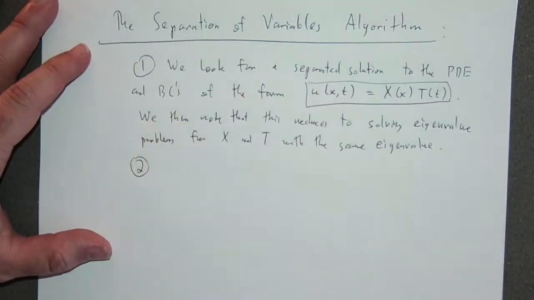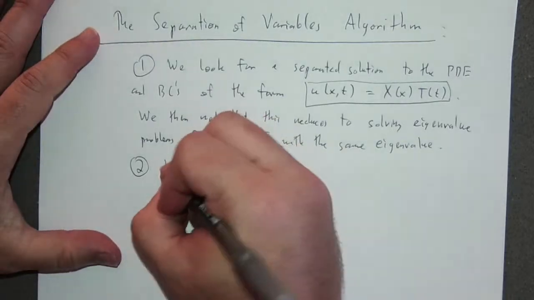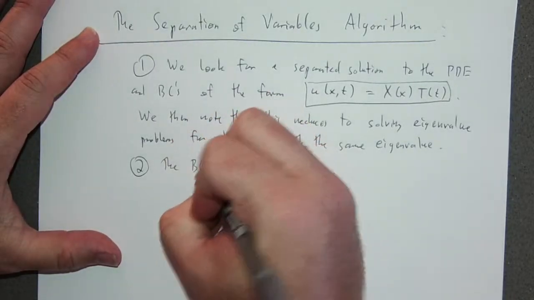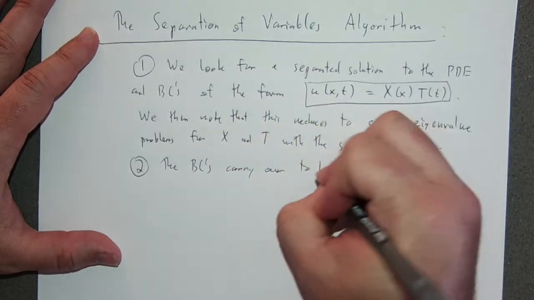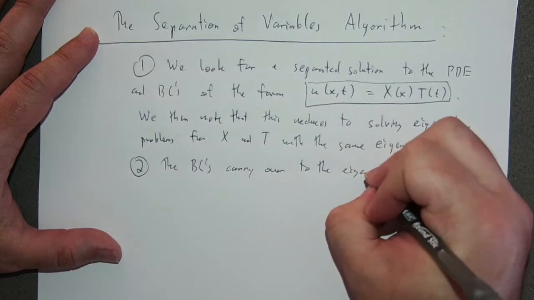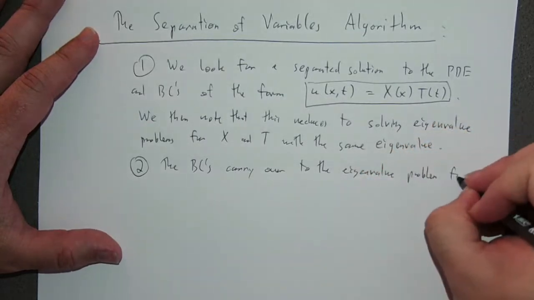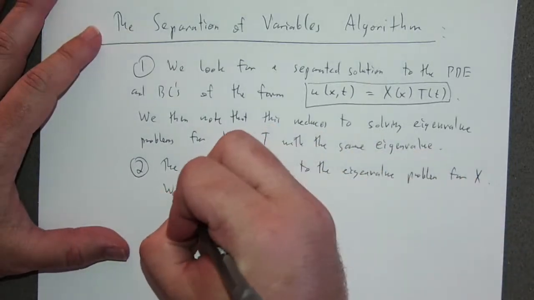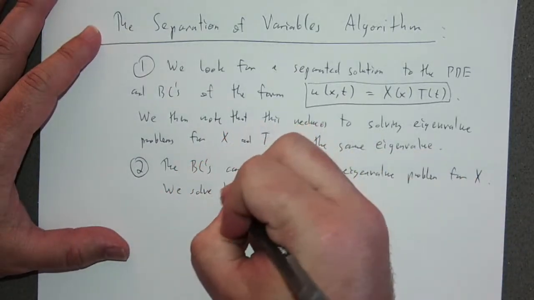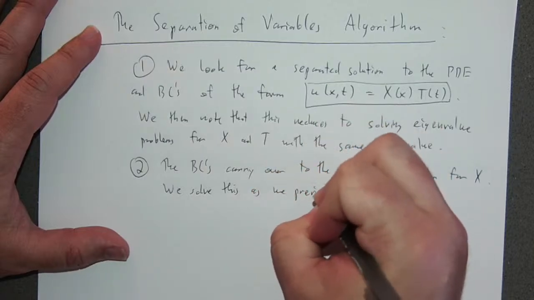And two, the BCs carry over to the eigenvalue problem involving X. We solve this as we previously did in all cases.